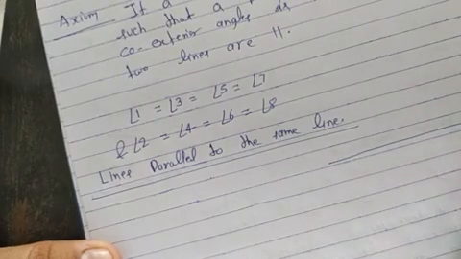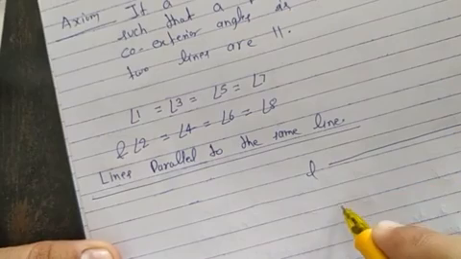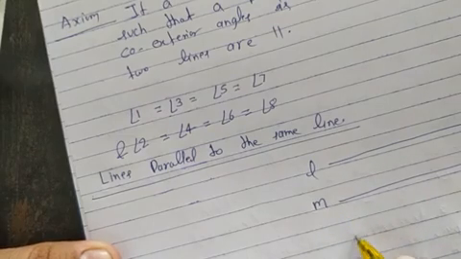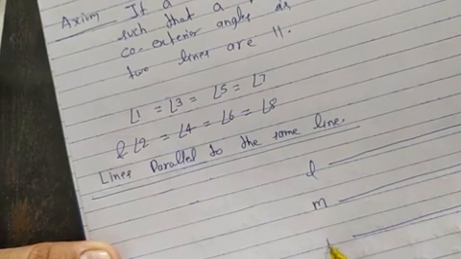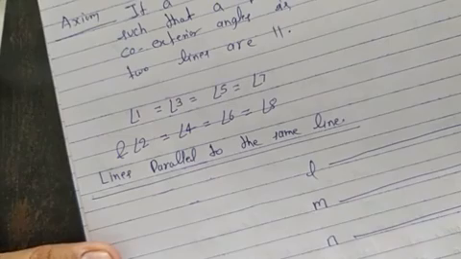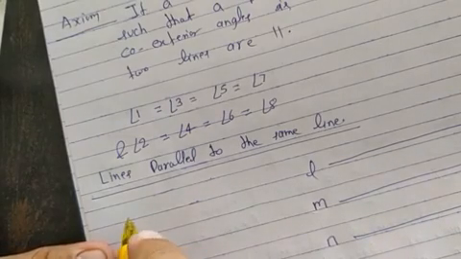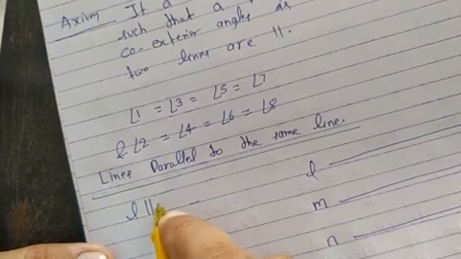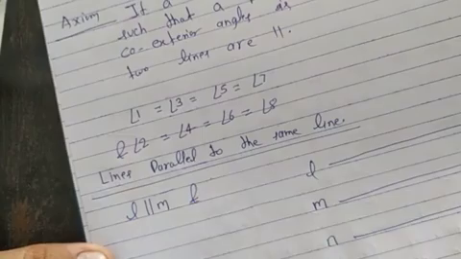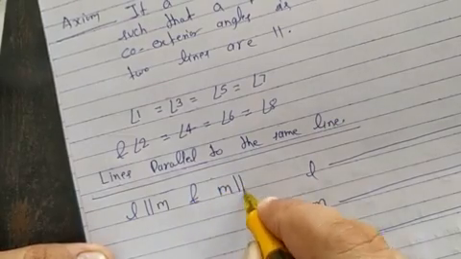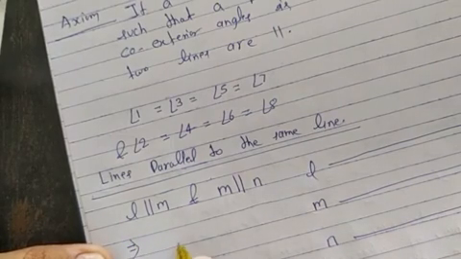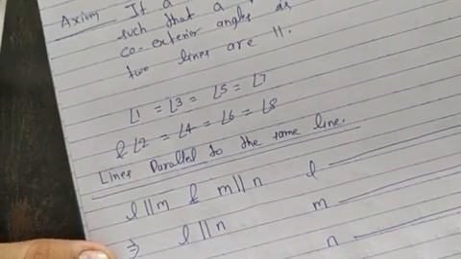This is a line L, this is a line M, and this is a line N. What are we saying? L is parallel to M and M is parallel to N. It concludes that L is also parallel to N.